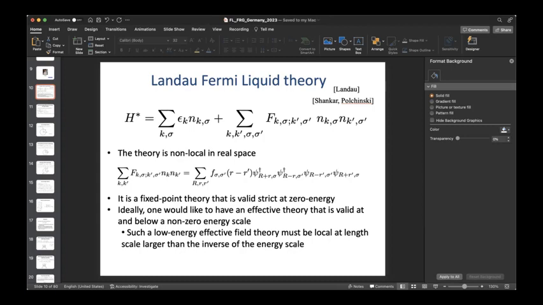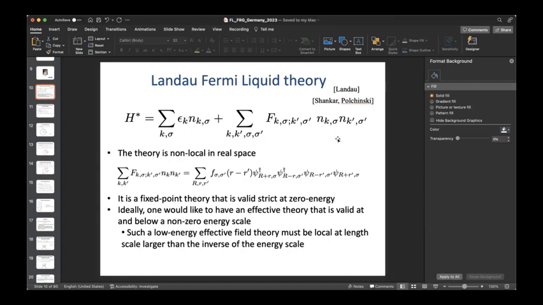So I just want to be a bit of a devil's advocate, but then I would say that this Hamiltonian is not really Landau Fermi liquid theory, right? Because it's not equivalent to the solutions of a kinetic equation, right? In some sense, yeah, I guess it is the zero energy limit of some low energy effective theory.